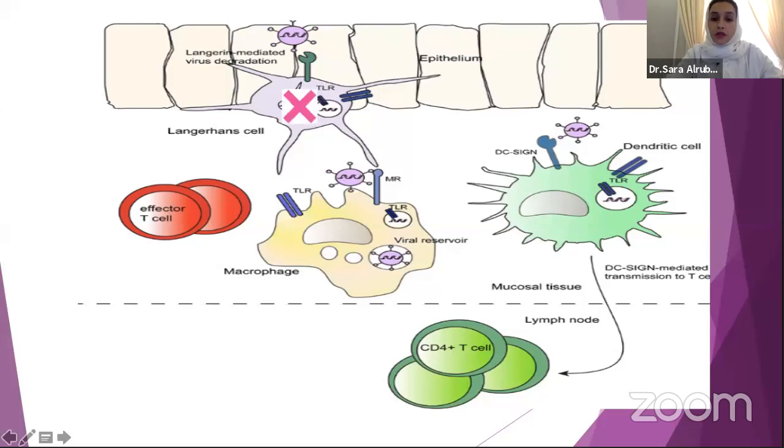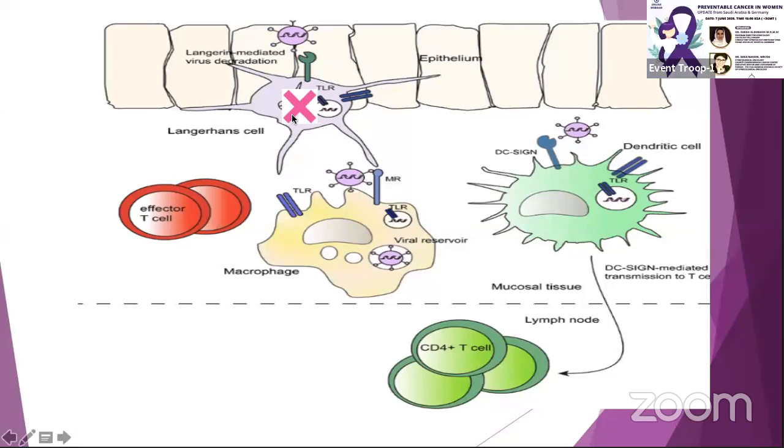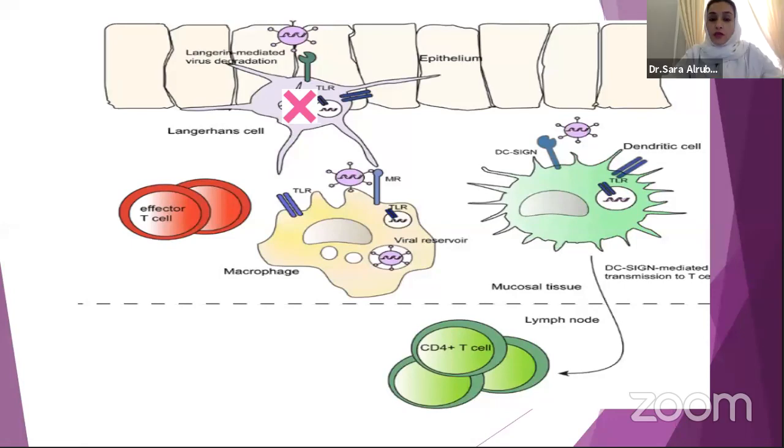But if the patient smokes, the function of Langerhans cells is decreased. This is one mechanism of smoking in the development of cervical cancer.